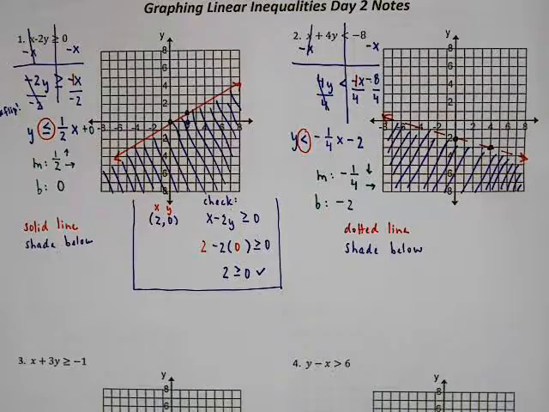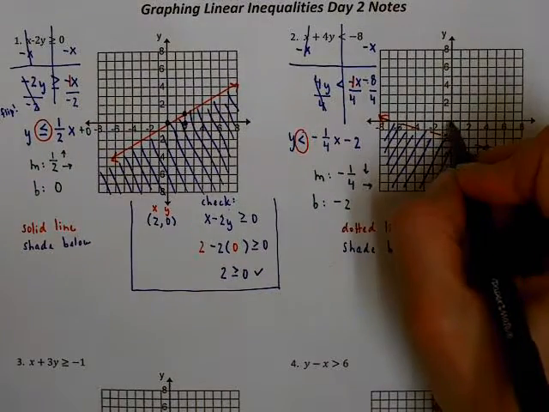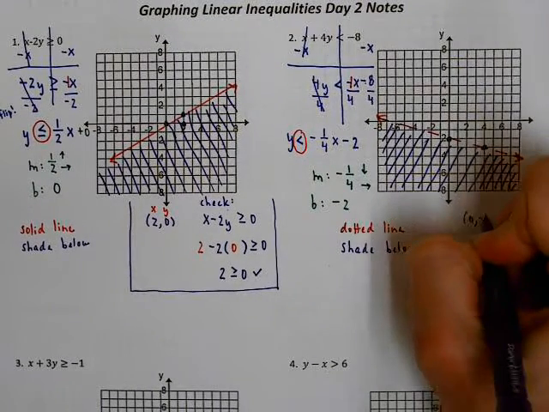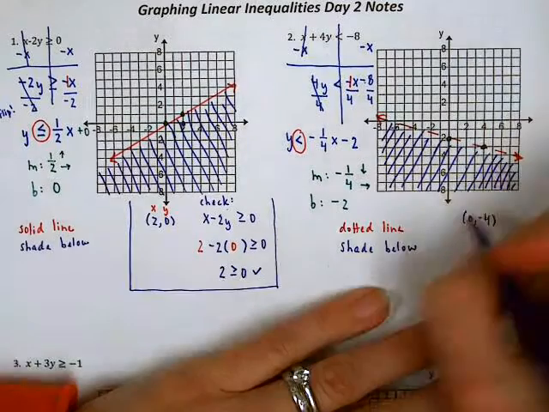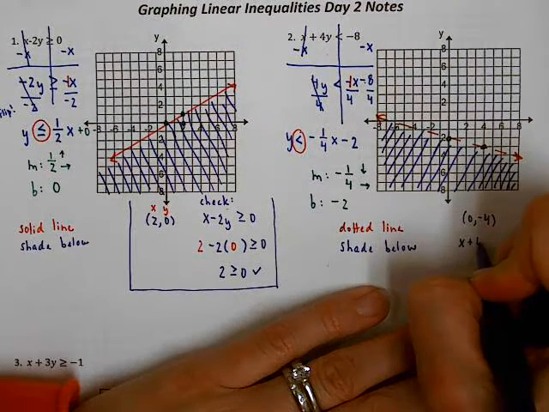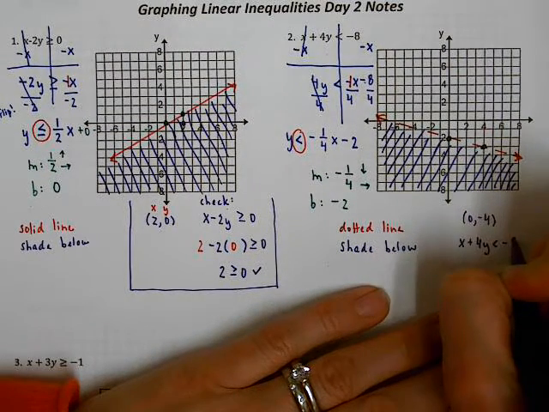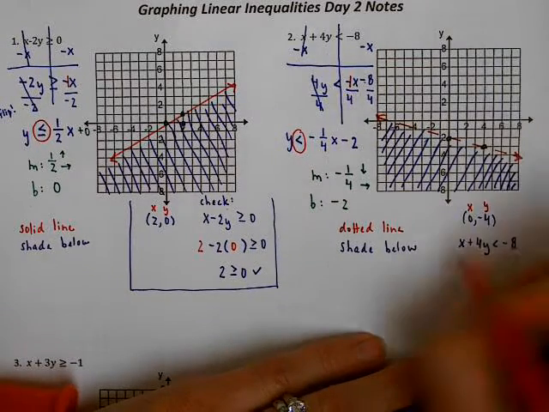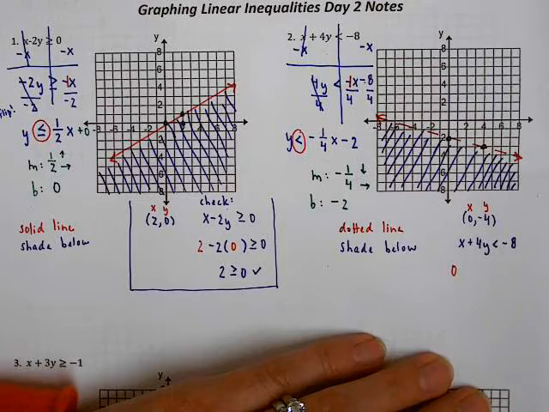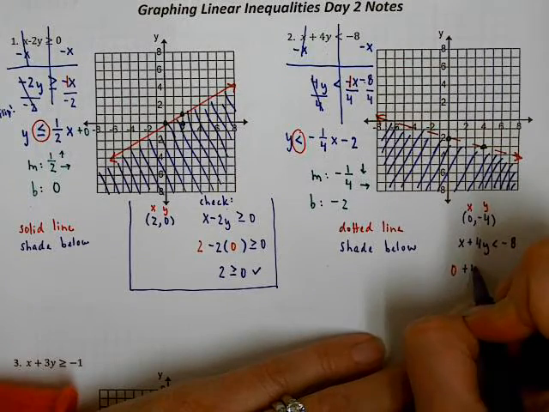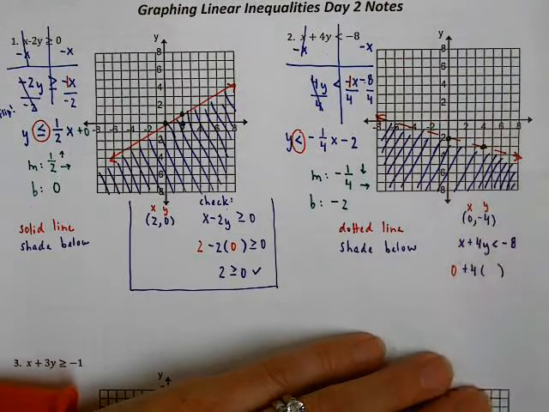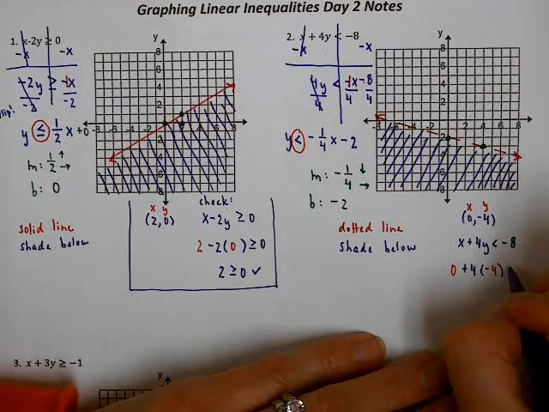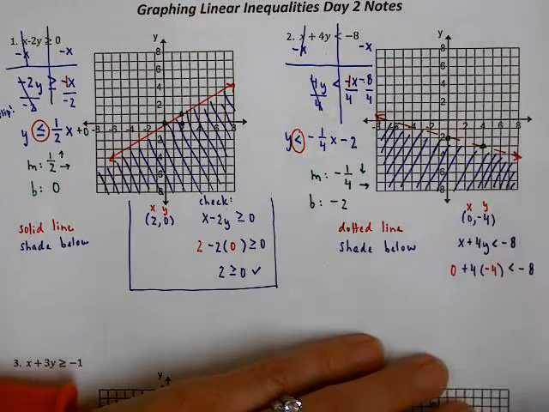Now again, we could test a point. In this case, let's see, 0, -4 is a point in my purple area. My original inequality was x plus 4y is less than -8. So if I substitute my x and my y, I get 0 plus 4 times, in parentheses, I substitute my y, which is -4, and I am checking if that's less than -8.